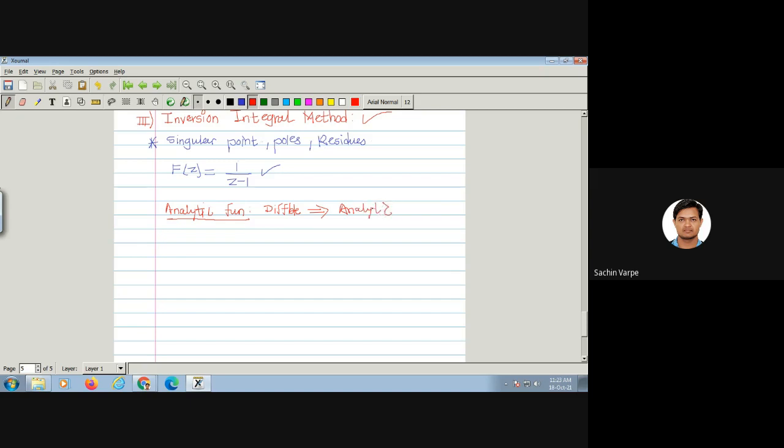Differentiability gives analyticity of the function, and when it is differentiable, it exists and all its derivatives exist. So what does a singular point mean? A point z equal to z naught where the function f(z) ceases to be analytic. Ceases means fails to be analytic. Then that point is called a singular point.